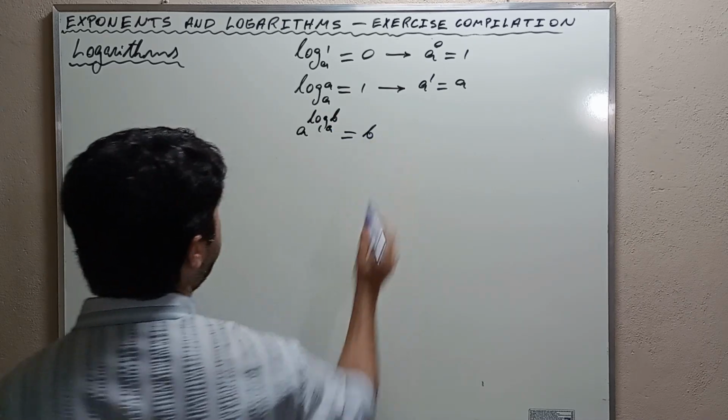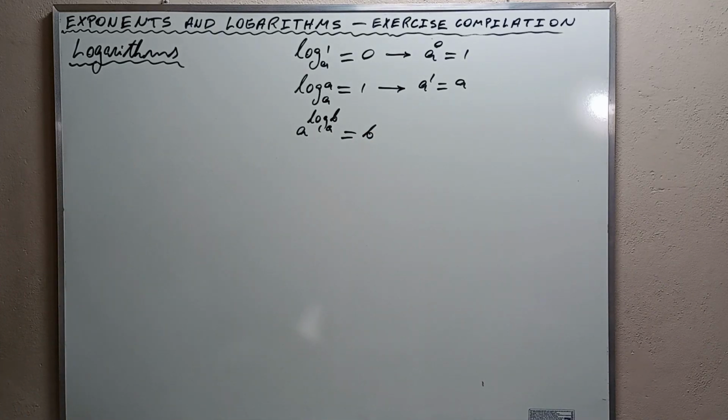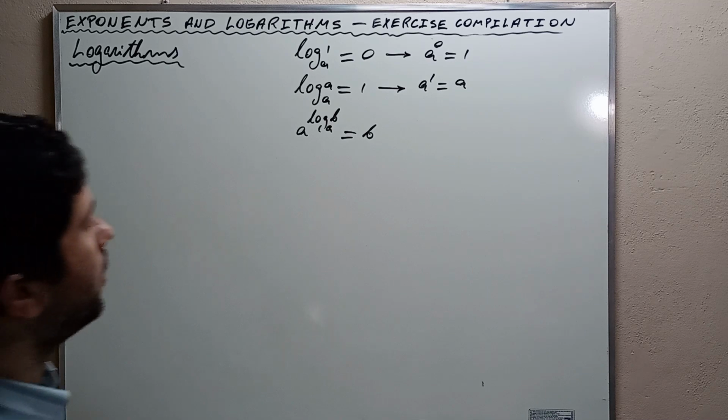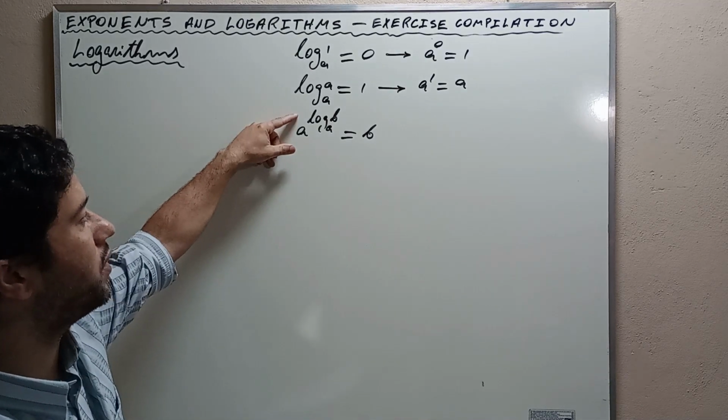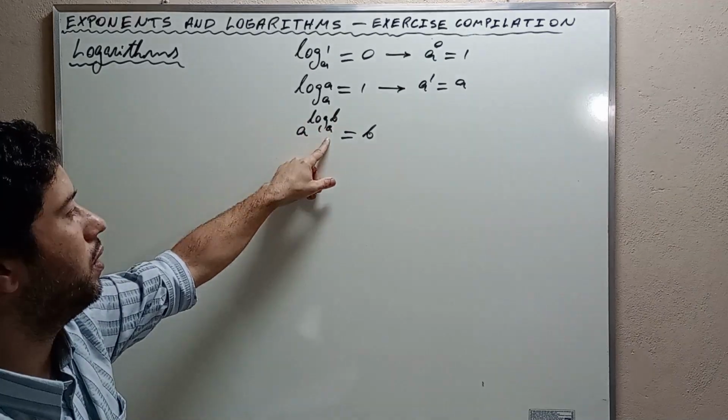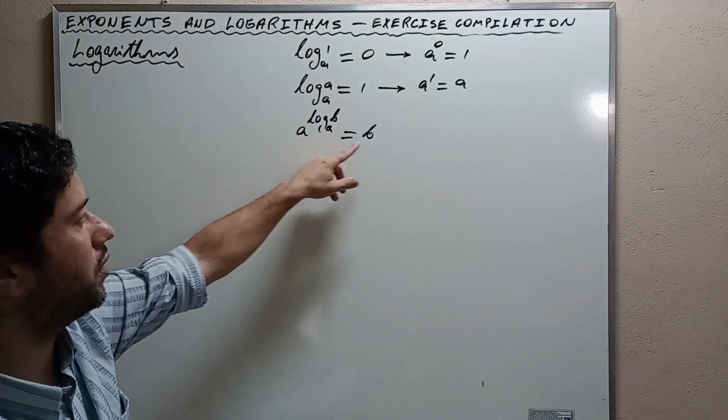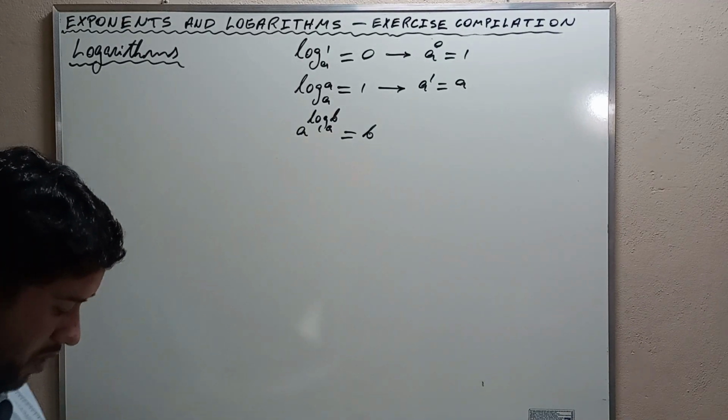This is equal to b, okay? Why? Because we are raising a number by the logarithm of b in its base, and it is b.